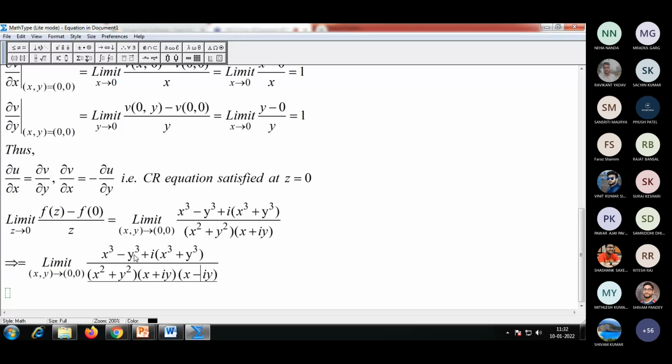Before multiplying, from the numerator let us take common 1 plus i, so it becomes 1 plus i within bracket x cube minus y cube plus i.